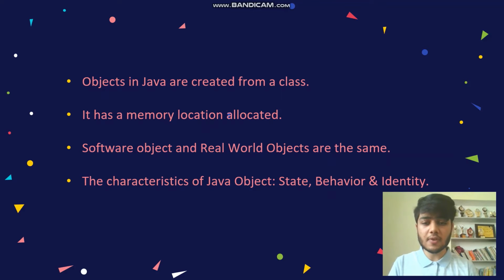Software objects and real world objects are the same. For example, a dog as a software object in a program and a real life dog, they both have some same characteristics like name, breed, color, and they both will have functionalities like barking, running, etc. The characteristics of a Java object are state, behavior, and identity. The state represents the data value of an object.